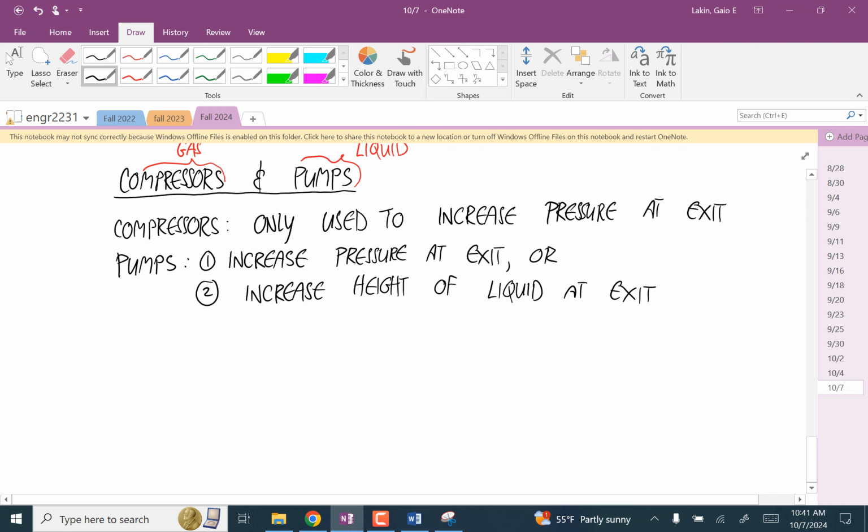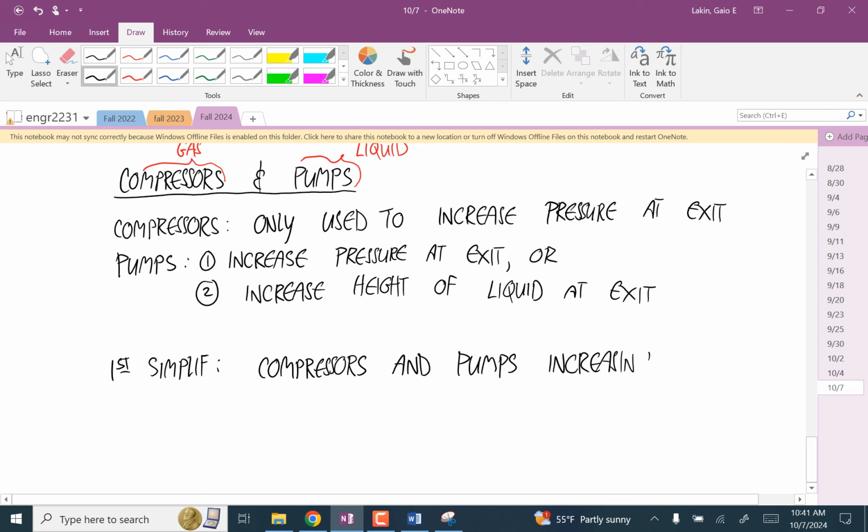So the first simplification is for compressors and pumps increasing the pressure at the exit.